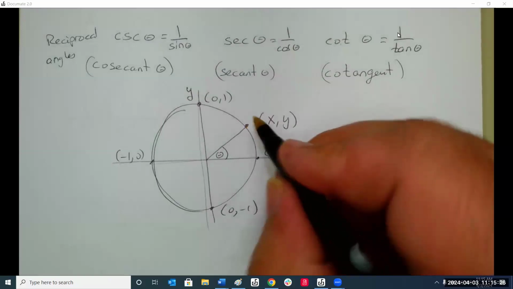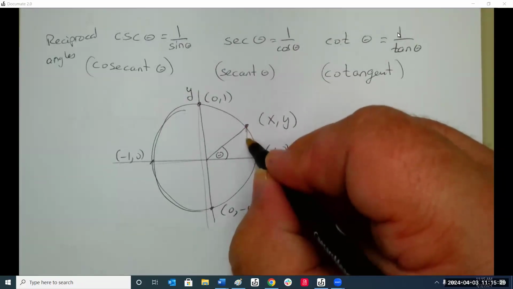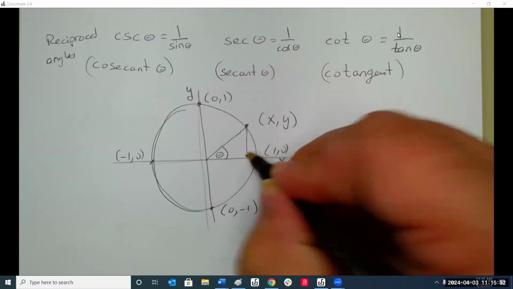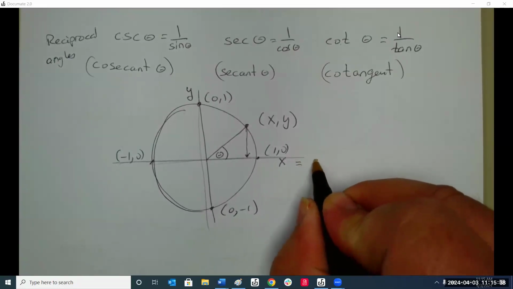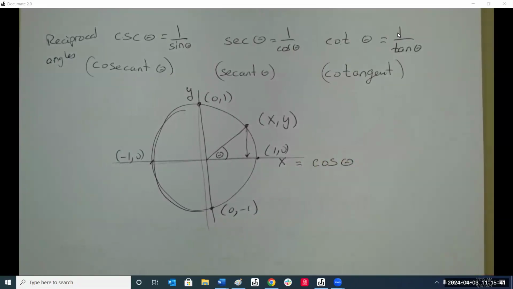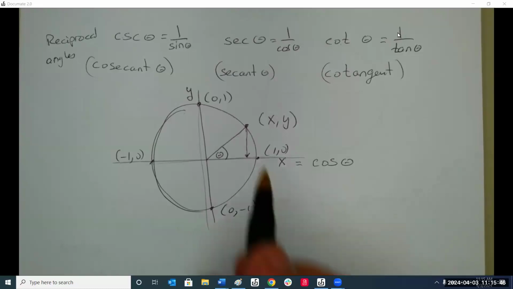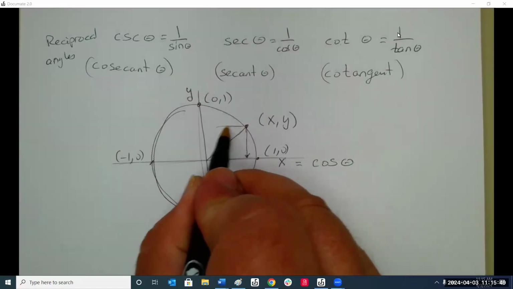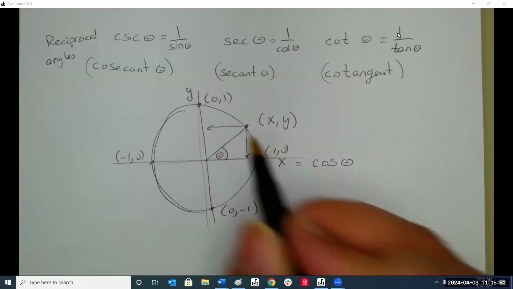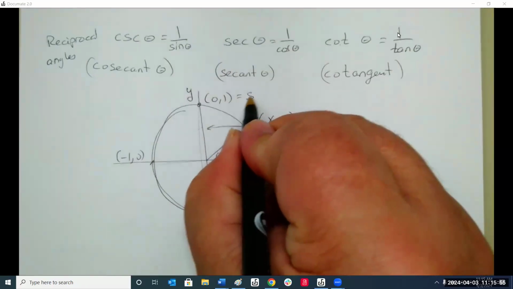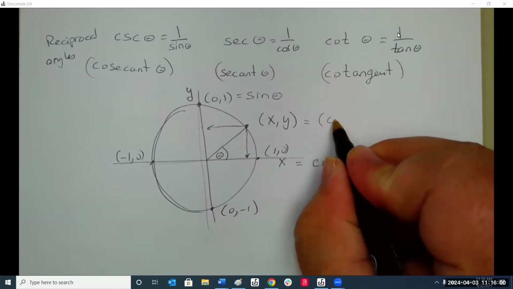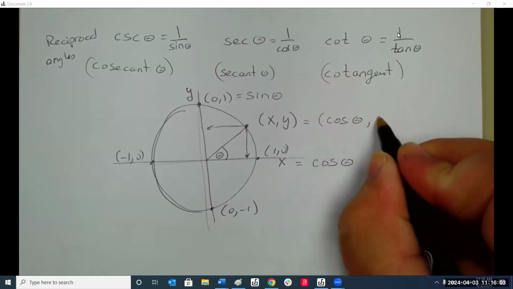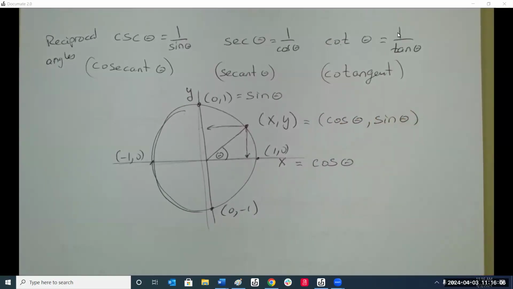To determine the x component, in other words, where this point reflects down the x-axis, that's the cosine of the angle, the cosine value. The location on the y-axis is the sine component. So each point x, y corresponds to some cosine of some angle and sine at that same angle.